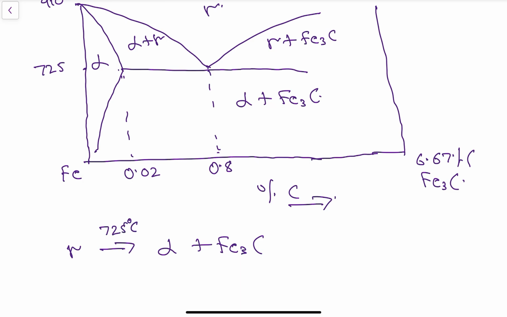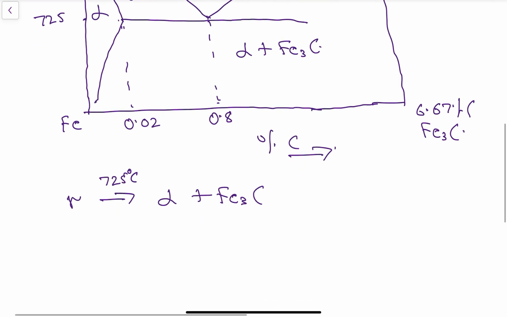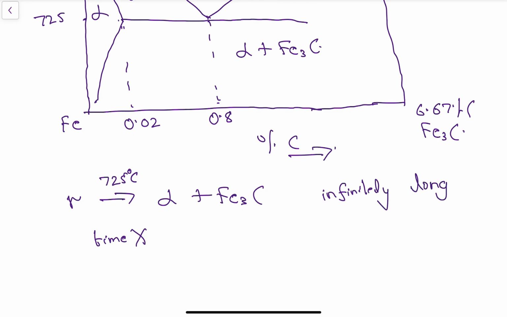You know that this is a phase transformation process. In the iron carbon equilibrium diagram, we did not take into account the effect of time. This transformation will occur if you allow an infinitely long time. If it is cooled extremely slowly, then this transformation easily occurs.